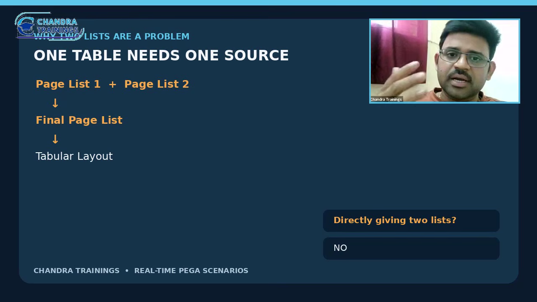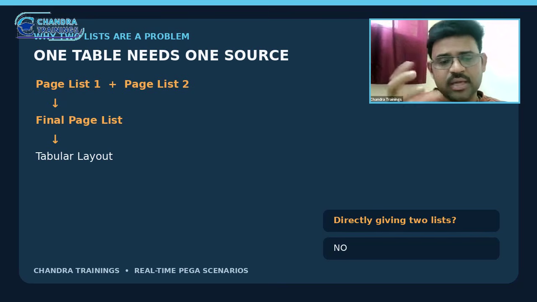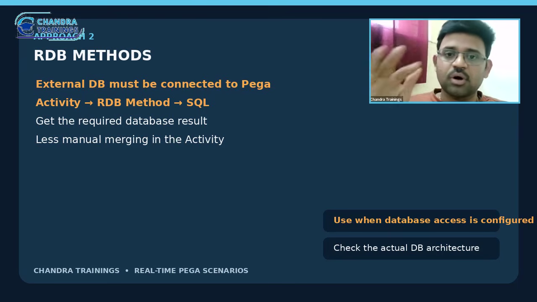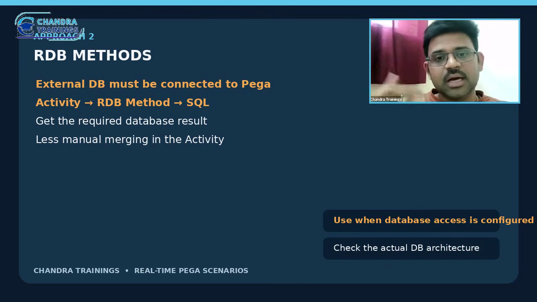Instead of separately getting the data and then doing a lot of merging in the activity, we can use the database itself to get the required result. So this makes our activity logic much simpler. But remember one important point: the external database connection must be available and properly configured before we proceed with Connect SQL or RDB related methods. You can write your own SQL query and manage it.